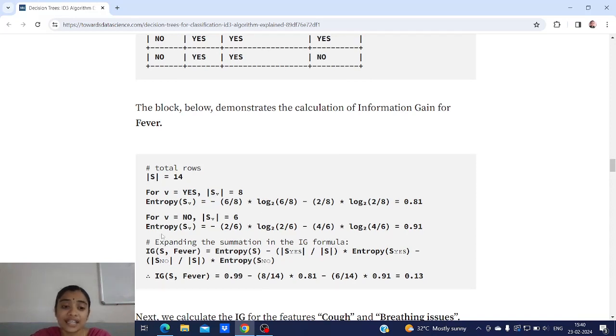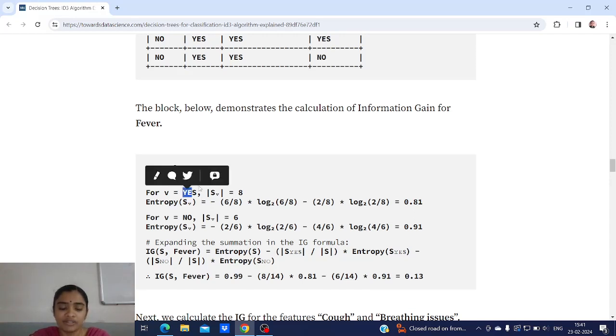Finally, how to calculate the information gain value. Entropy is done. Okay, information gain value, we are taking the fever attribute. So the final formula is entropy of S. Remember, we already calculated the entropy for the entire data set. Then we already calculated the entropy for the yes value in the fever attribute and the no value in the fever attribute.